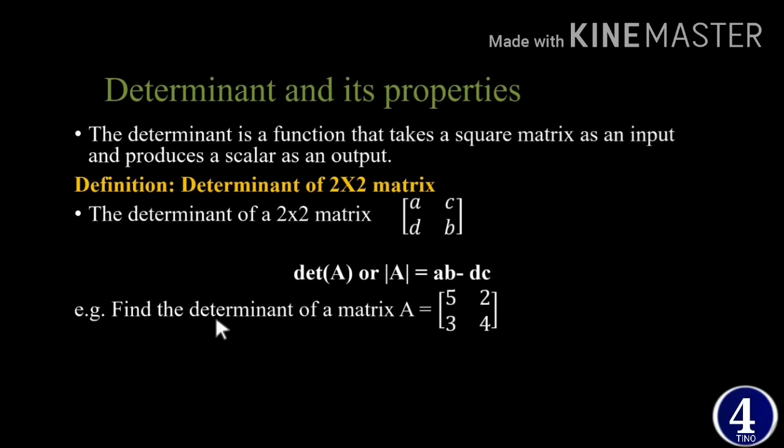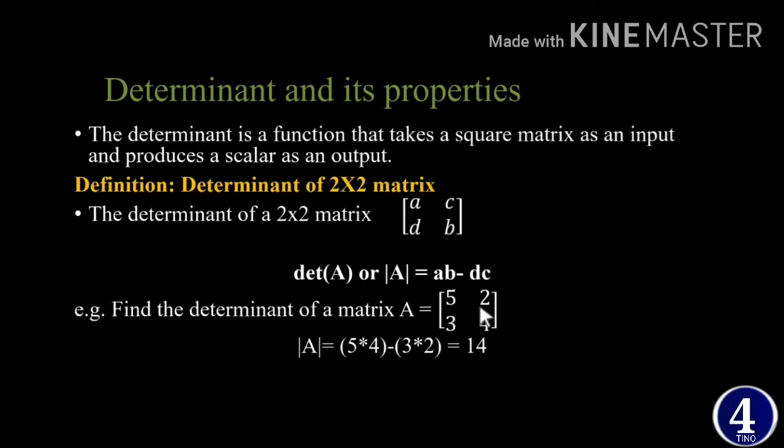Okay, now let us see an example to exercise how to find the determinant of a 2 by 2 matrix. We are given a 2 by 2 matrix A with entries 5, 2, 3 and 4, and asked to find its determinant. The way to do it is: determinant of A is equal to 5 times 4 minus 3 times 2.